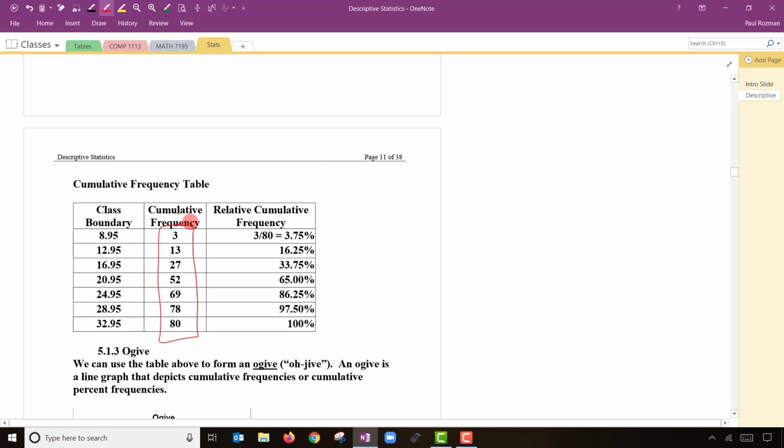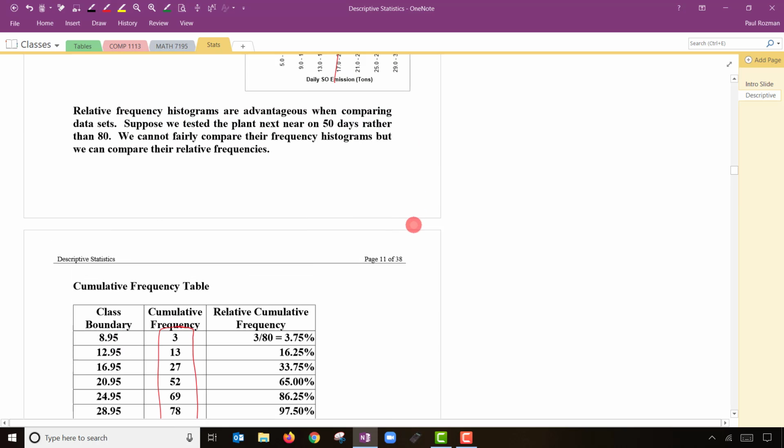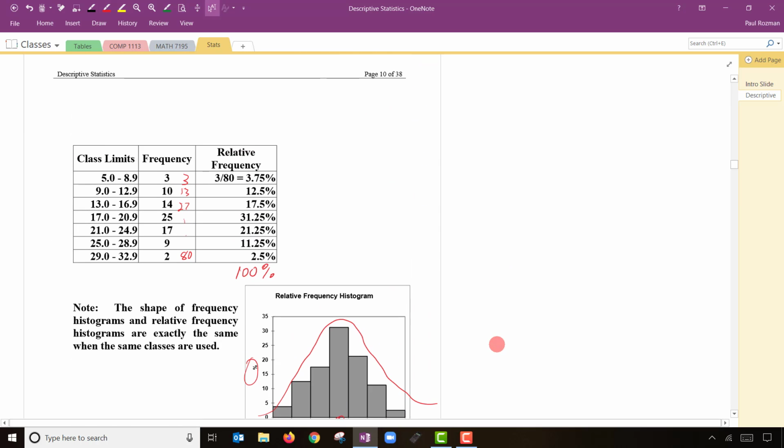We can either look at the raw totals, or again, we could look at them in terms of percentages. And then we can make a plot comparing the class versus the cumulative amount. Instead of putting a range of values, up above, we had class limits, which were a range.